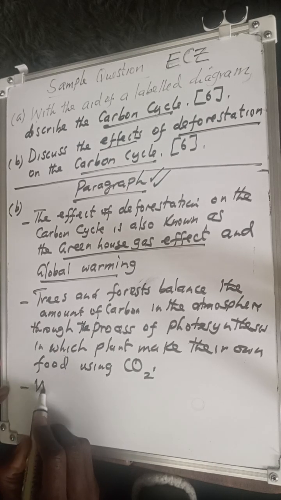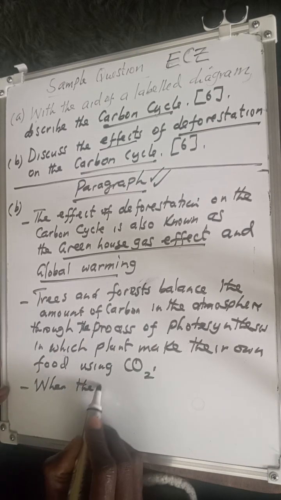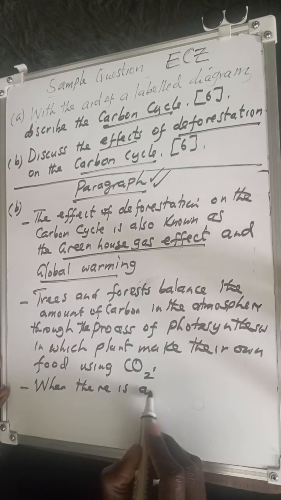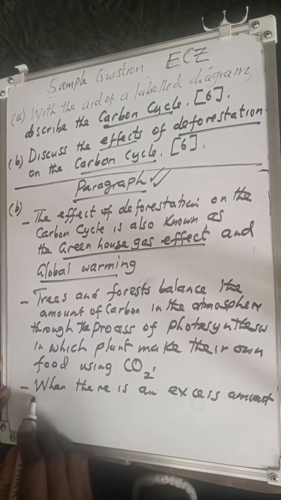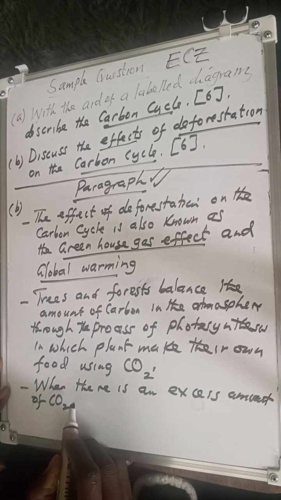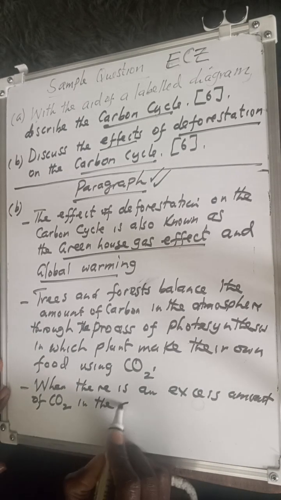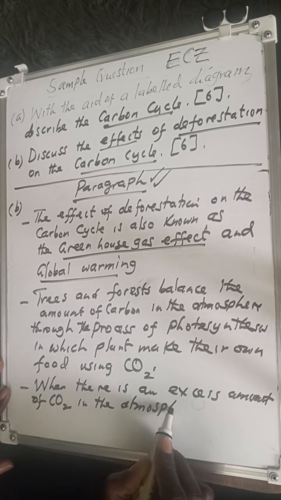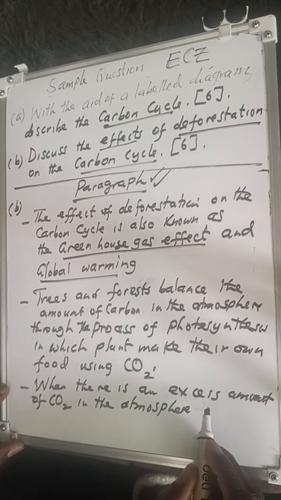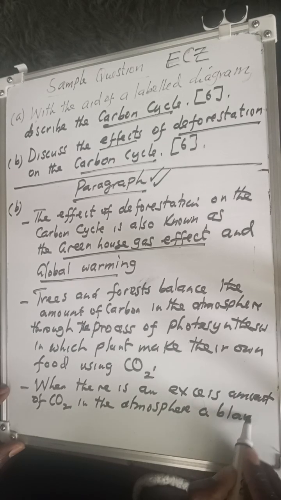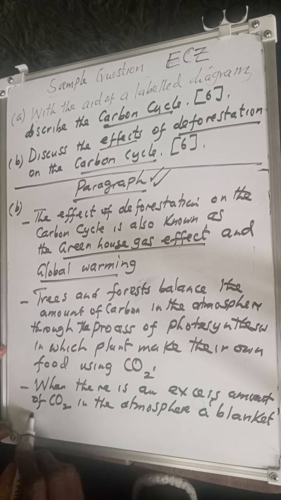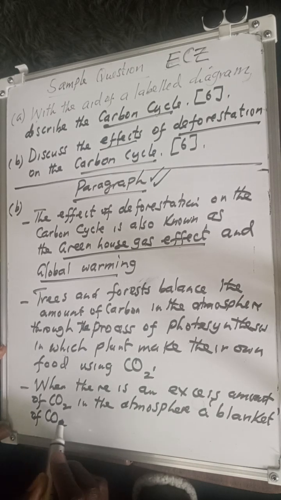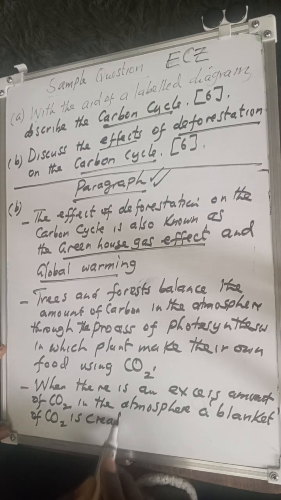So we can simply say that when there is an excess amount of CO2, carbon dioxide, in the atmosphere, a blanket, not the normal blanket that you have, but a blanket of carbon dioxide, CO2, is actually created.